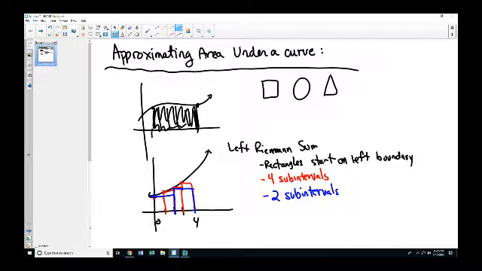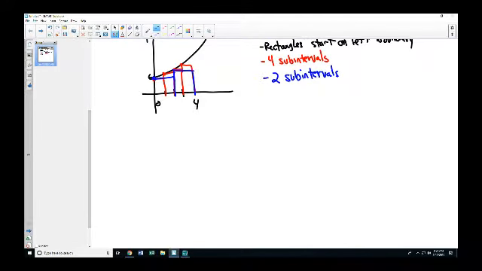Okay. Right Riemann sum. It's very similar. Where does it start? It starts on the right. So a right Riemann sum would start here.